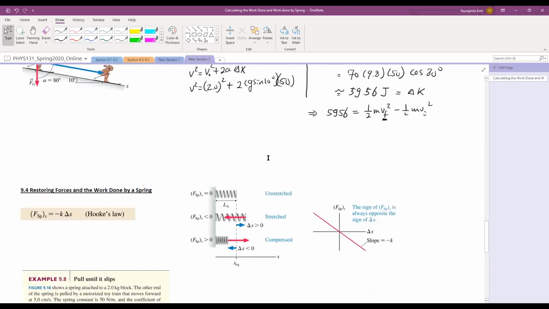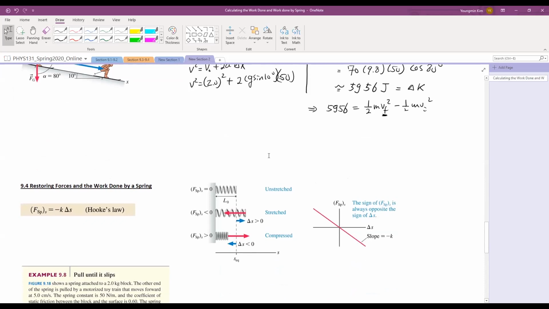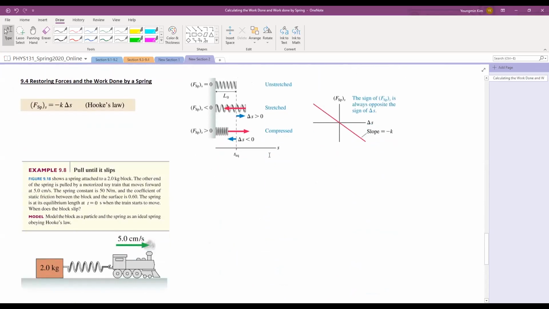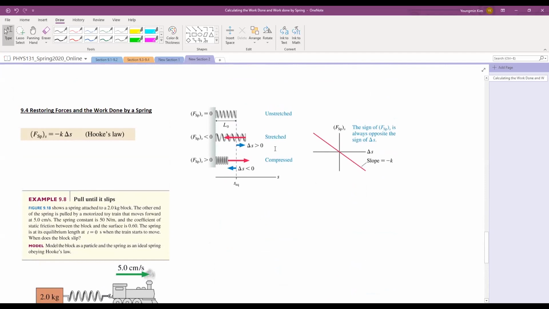Okay, moving along. Now, as an application of the work and energy principle, we're going to take a look at the spring force and derive the work done by a spring. It should come to you very clear that if there is no force, there can be no work done. Force is the medium.